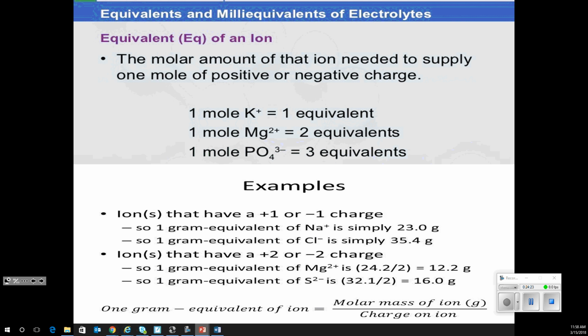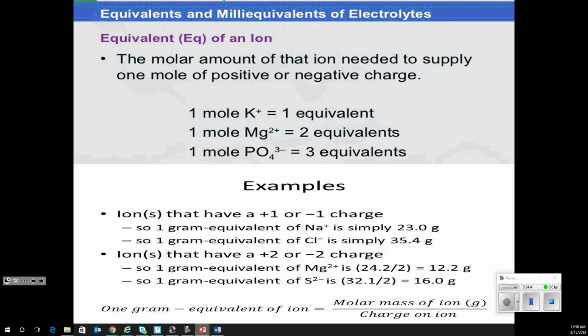If I have a +2 or -2 charge, then I've got to take that mass and divide it by 2 to get a gram equivalent. So molar mass of the ion divided by the charge of the ion. Done. Okay, real simple.